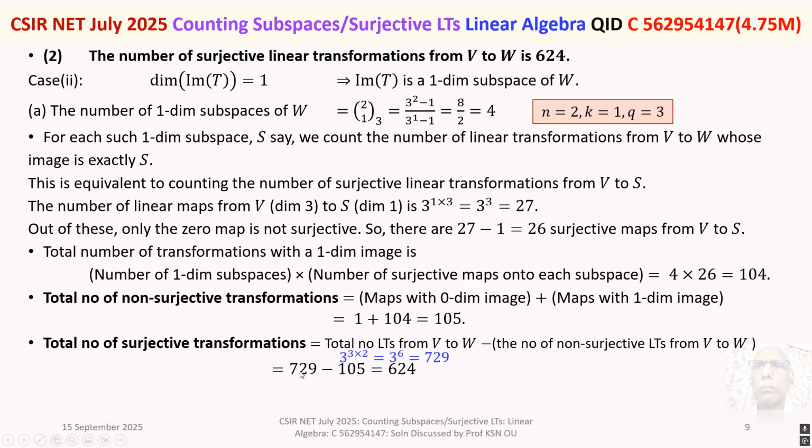So 729 minus 105 is 624. Yes, the number of surjective linear transformations from V to W is 624. Thus, option 2 is true.